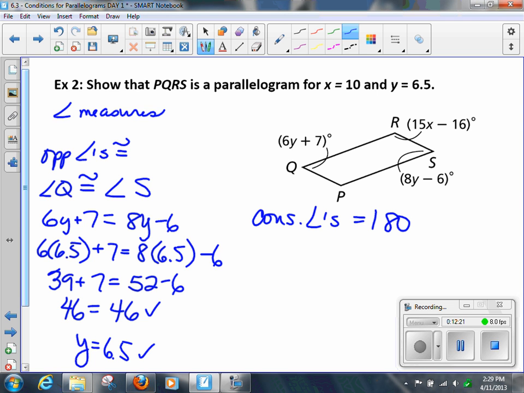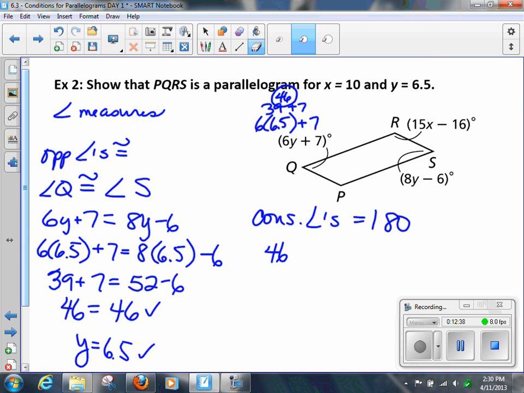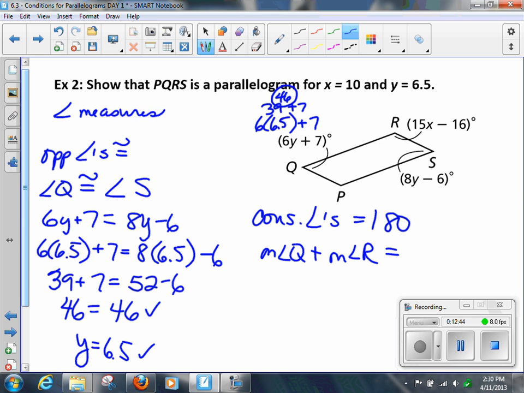Very good. 6 times 6.5 plus 7, which is 39 plus 7, which makes it 46, right? Which is what we just solved for. Let me rewrite it this way. The measure of angle Q plus the measure of angle R is equal to 180 degrees.